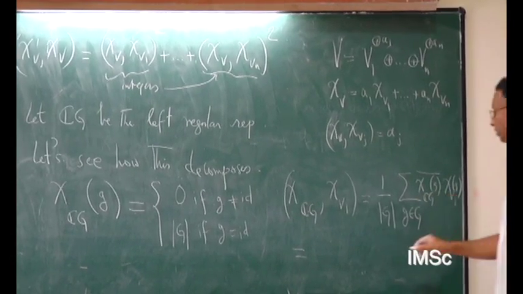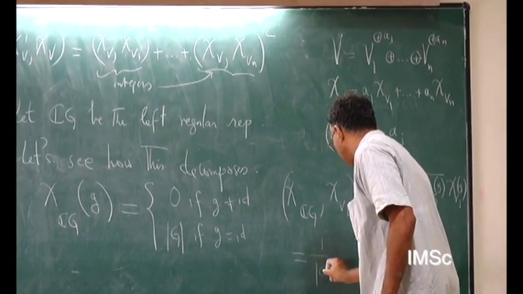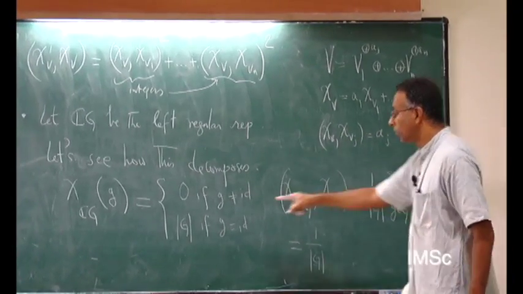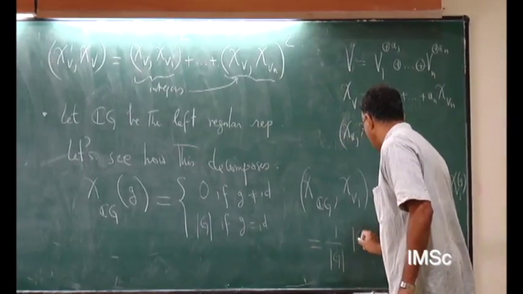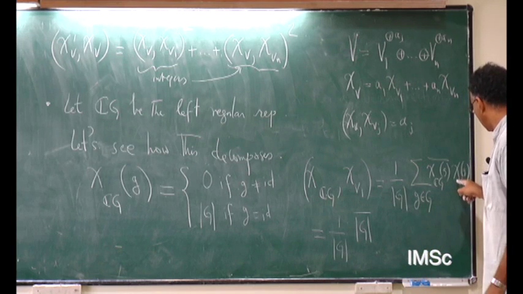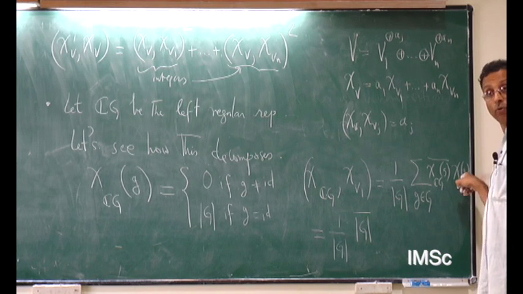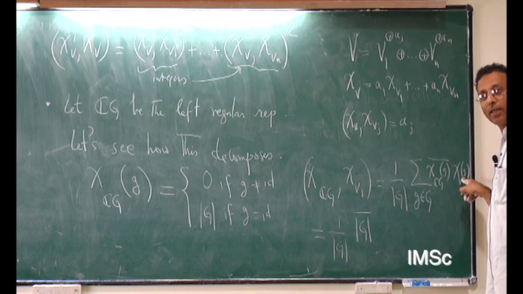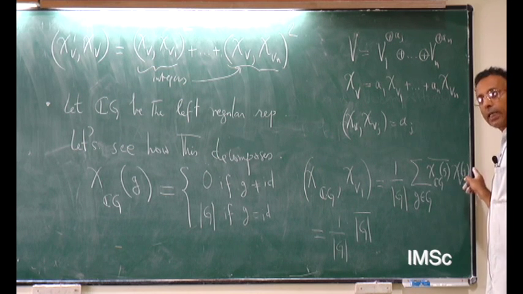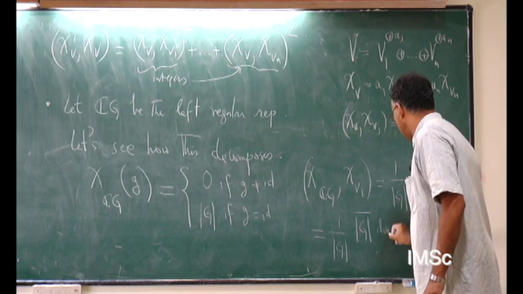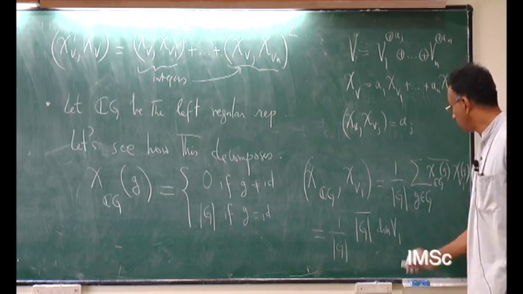When G equals identity, I can write 1 over the cardinality of G, times the cardinality of G. I can remove the bar, but for a moment let it be there. What is chi V1 of G? G is identity now, so the identity element goes to the identity matrix. What is the trace of the identity matrix? The dimension of the vector space. So, this is the dimension of V1.